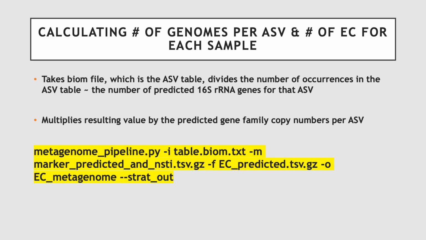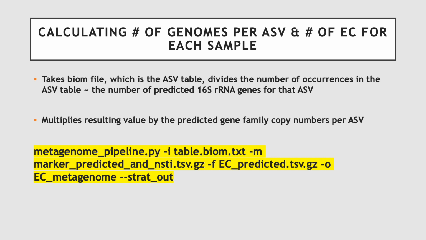Okay, so the next step is to calculate the expected number of ASVs and expected number of ECs for each sample. How this works is the command takes the ASV table, so basically our biome file, and divides the number of occurrences of each ASV in that table by the number of predicted 16S rRNA genes for that ASV.